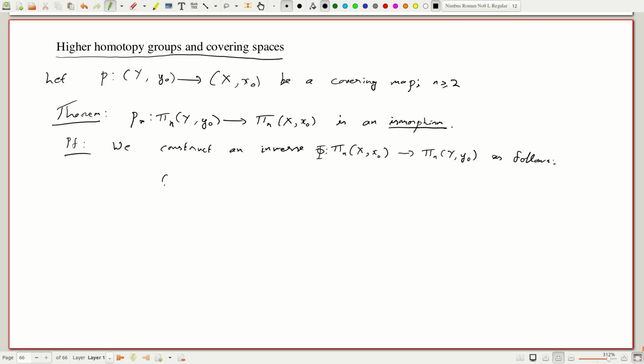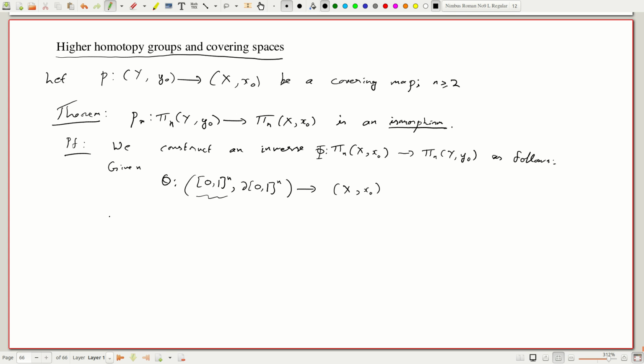Okay, so now suppose we have theta, which maps [0,1]^n, remember n is greater than or equal to 2, with boundary of [0,1]^n, to (X, x0). Now this is simply connected.